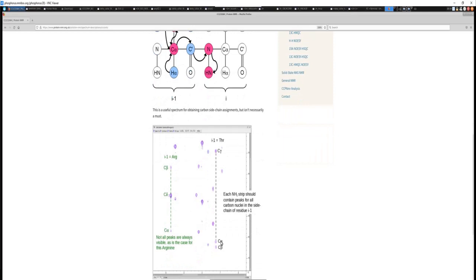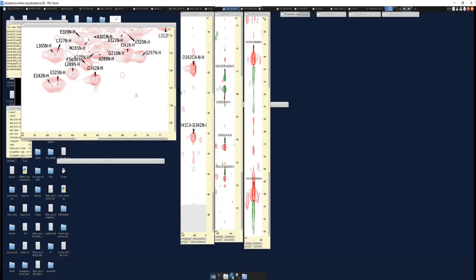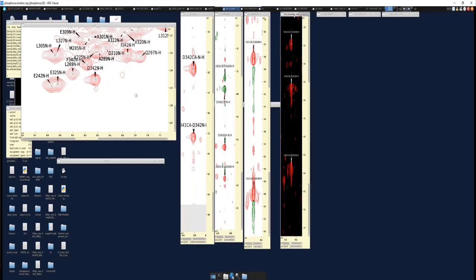And so sometimes you'll get only your C alpha, C beta for, say, aspartic acids that only have those two atoms. You can get C alpha, C beta, and C gammas. You can get C deltas. So this can be really useful in identifying what type of amino acid your I-1 is. So let's look at the same example we were looking at before and look at the CCONH experiment here.